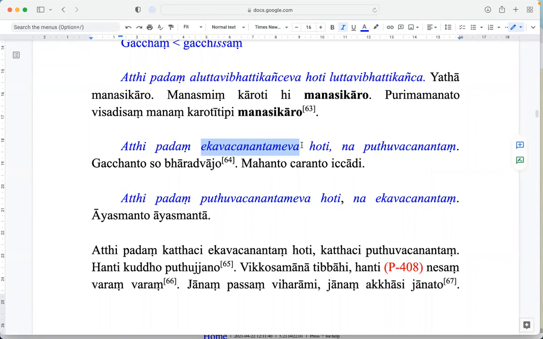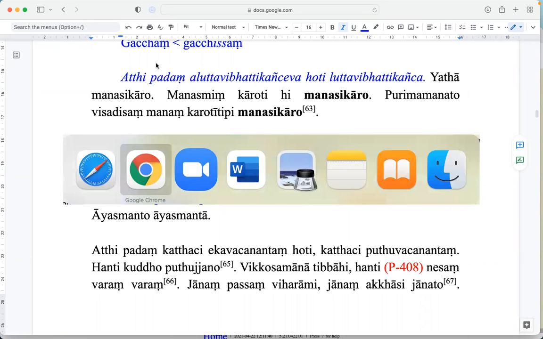Now focusing on that word, that example, the rule is that gichando can never be plural. Na Buddha vachananda. So, okay, now let's start in the Tipitaka.